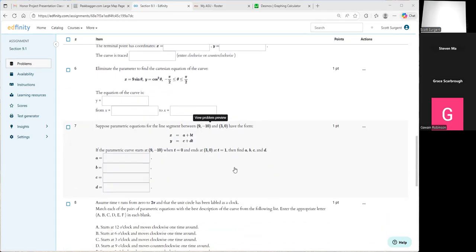Let's look at number 7 because this is actually one that comes up a lot in Calc 3. Suppose parametric equations for the line segment between (9, negative 10) and (3, 0) are given by x equals a plus bt, y equals c plus dt. We want to set it up so that at t equals 0, we get the first point, and at t equals 1, we get the second point.